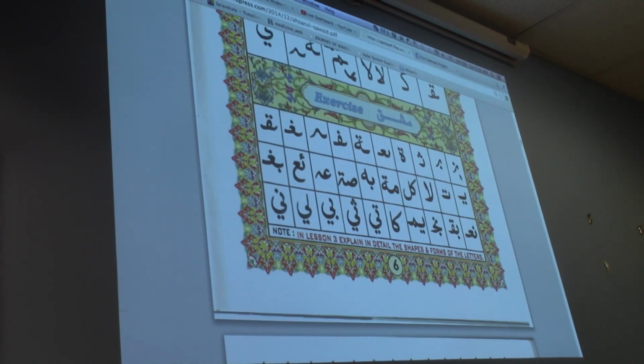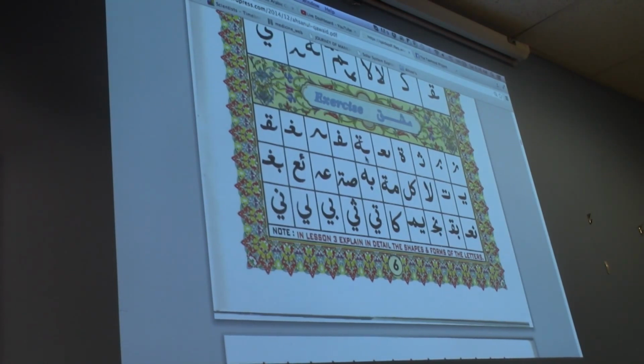Okay? Likewise here, the dot is on the bottom, therefore it's going to be a ba. Here, tha, ta, ta marbuta, the closed ta. So if you pronounce it, it's going to sound like a ta. But if you stop on it, it becomes a ha. As you can see, it's a ha right here, and over here two dots, making a ta. It's 2 in 1. Here we have an ayn.